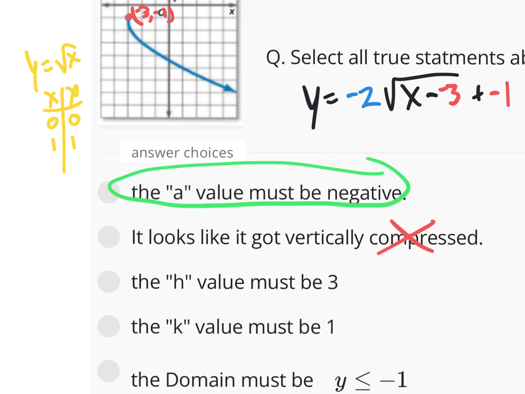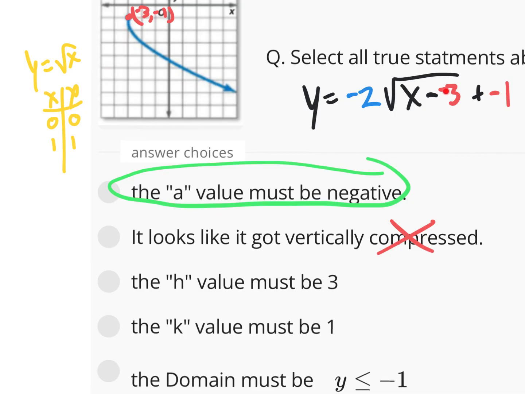Okay. What else? The h value must be 3. That's definitely wrong, because the h value is -3. Remember, the beginning point is the most important point, kind of like the vertex of a parabola. The vertex is the h and k. Right here, this beginning point, (-3, -1), is the most important point. So your h value is -3.